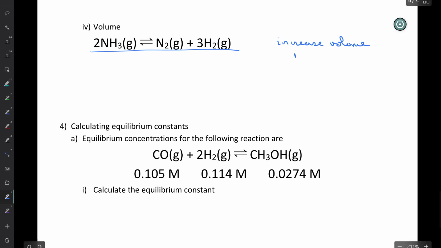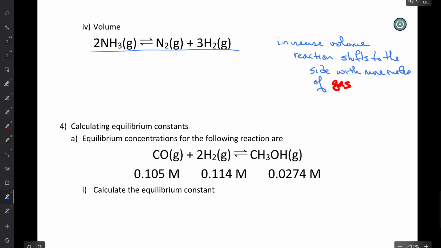So the reaction shifts to the side with more moles of gas. And I'm going to write that in red because that's actually really the most important thing of that whole sentence.